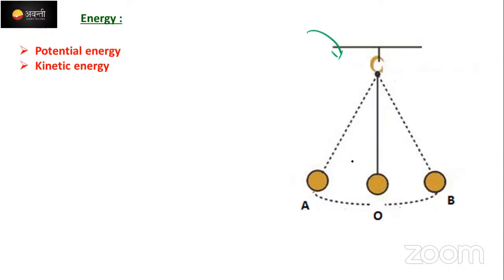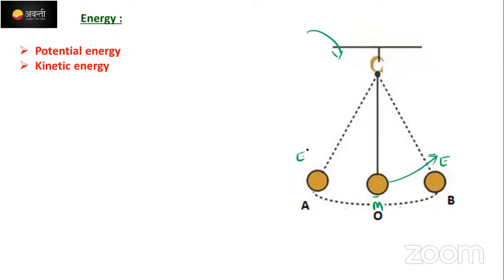Simple pendulum hota hai. When simple pendulum oscillates, guys, this is the mean position, this is the extreme position, A as well as B. Right? From the mean position, when it is moving towards the extreme position, height increase होता जाता है. Correct ना?